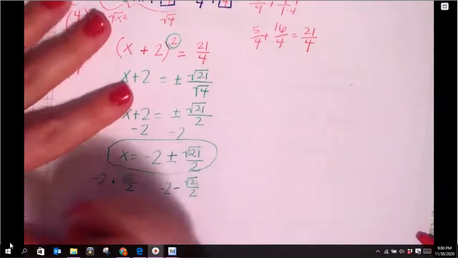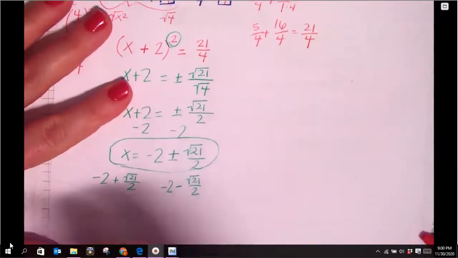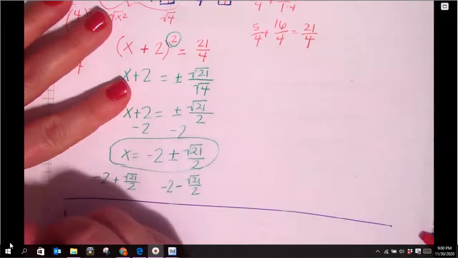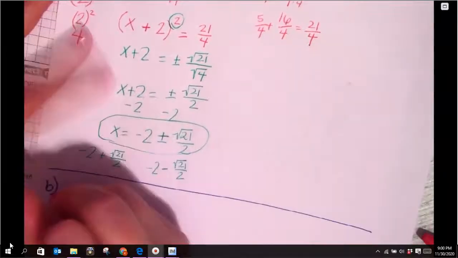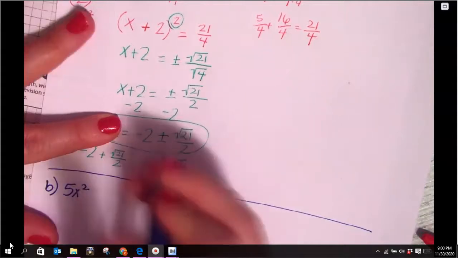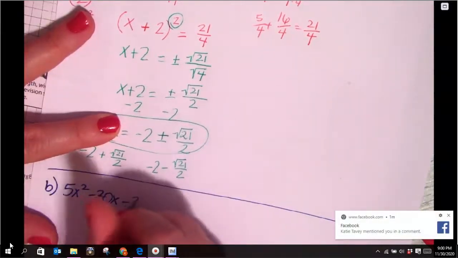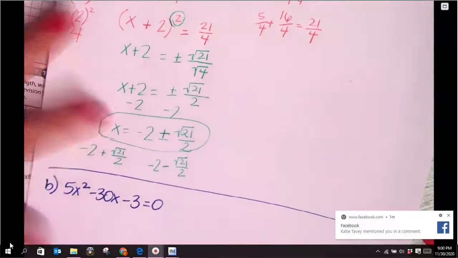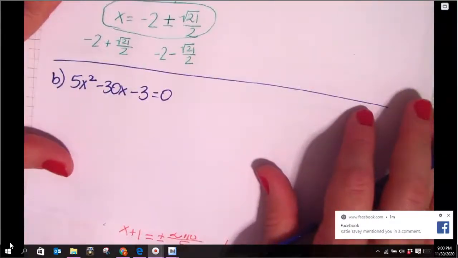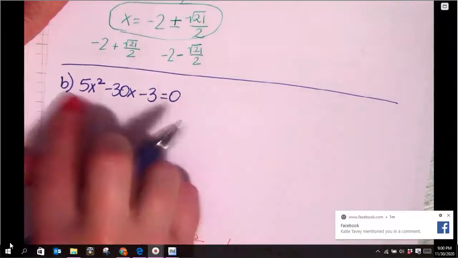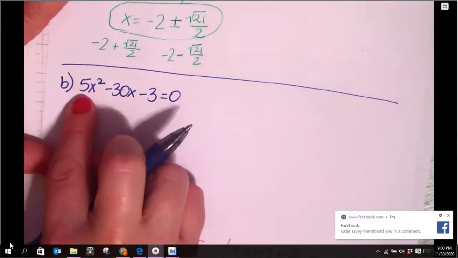Okay, now I'm going to do B. B is 5x squared minus 30x minus 3 equals 0. All right, so first things first, I need to get rid of the leading coefficient 5.